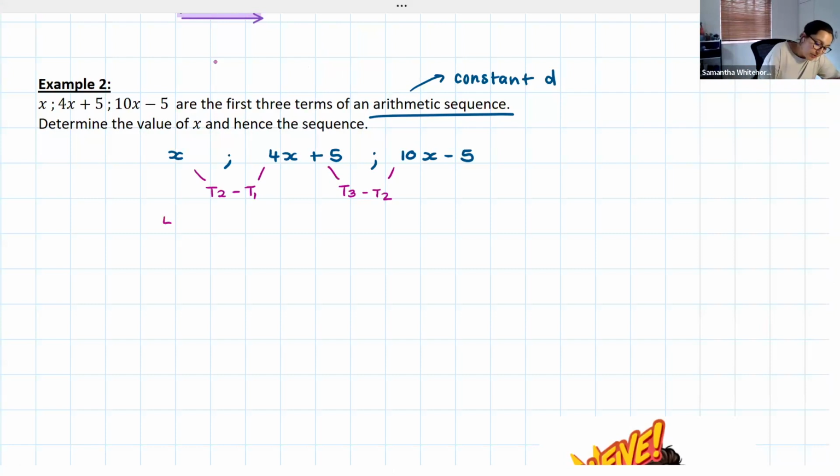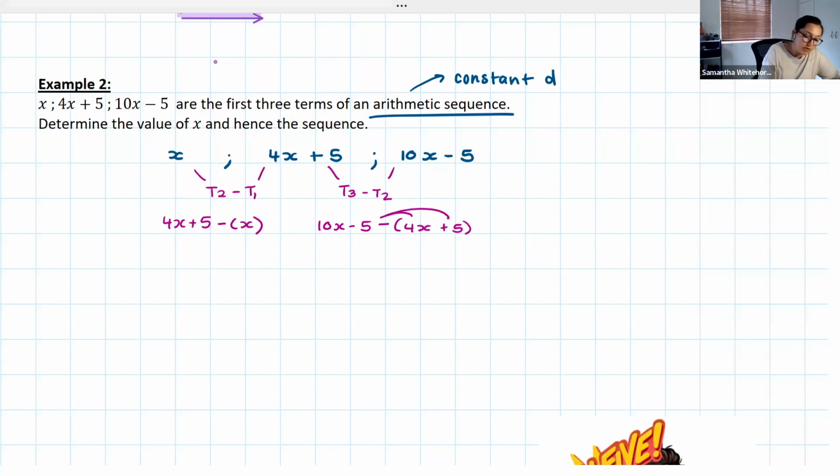So here we have 4x plus 5 minus term 1, which is x. Here we've got 10x minus 5 minus term 2, which is 4x plus 5. I'm putting that in brackets because there are multiple terms. I need to remember to distribute that negative into my bracket, otherwise I'm not going to get the right answer.